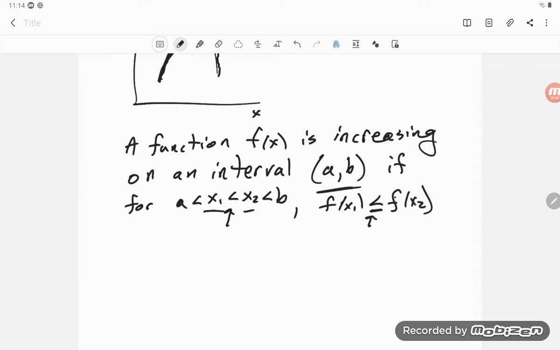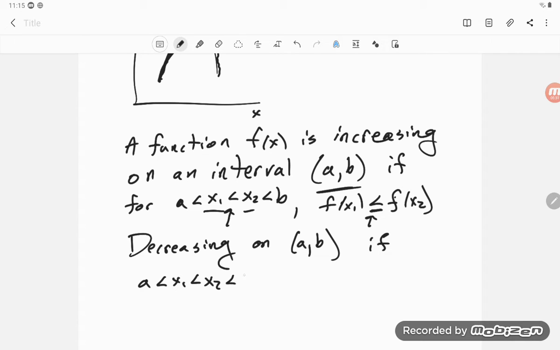But it could be increasing, but not strictly increasing. So it could be sort of flat for a while, something like that. And then similarly for decreasing, I'm just going to write decreasing on our interval (a, b) if, again, for a less than x1 less than x2 less than b, what we have is that f at x1 is greater than or equal to f at x2.